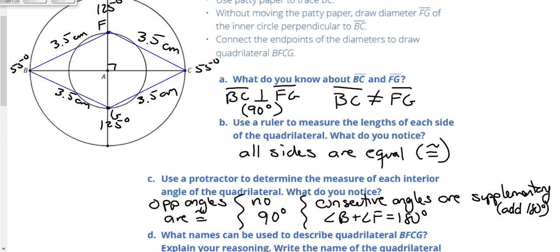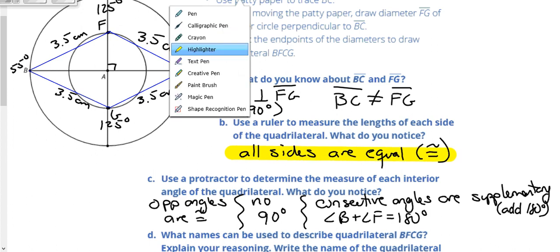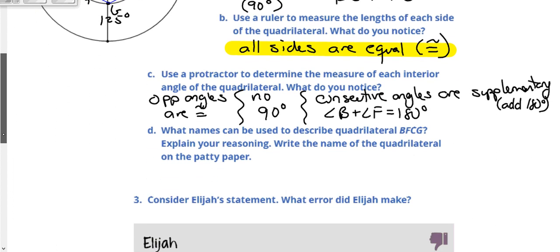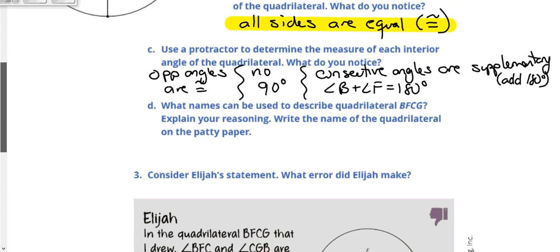Now, we do know, because we have the same qualities of what we just did with a parallelogram, we could call this a parallelogram. But because we do have opposite sides that are equal, so this part right here, that takes it out of being a parallelogram and makes it more specific, a rhombus.